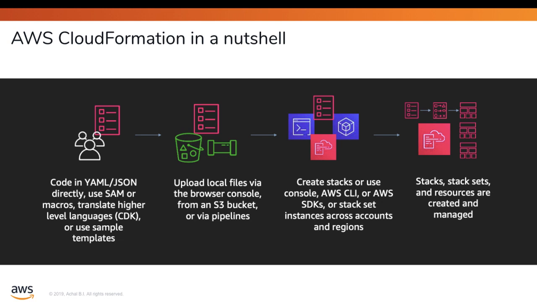Let's see what all there is in CloudFormation. As we talked about, it has templates and stacks. But over a period of time, they have added more capabilities. Earlier it was just JSON compatible, but now it is YAML and JSON compatible. They have also brought in something called SAM and macros, where SAM is the Serverless Application Model.